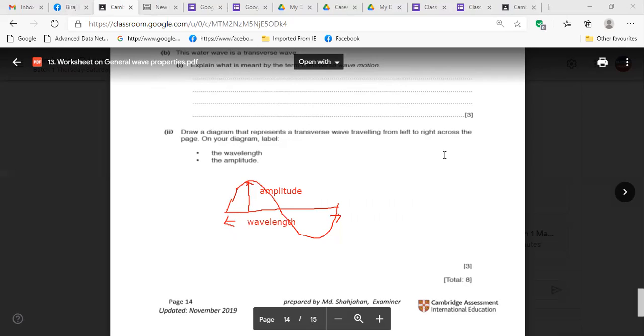So the whole part from here to here is the wavelength. Amplitude is also this one, the lower part. So amplitude is this one and this one both, right? In one complete wave we have two amplitudes. One is for the crest, another one is for the trough. Clear?